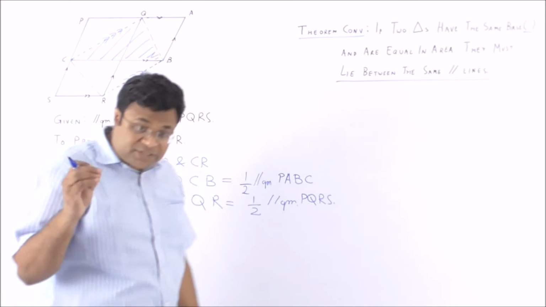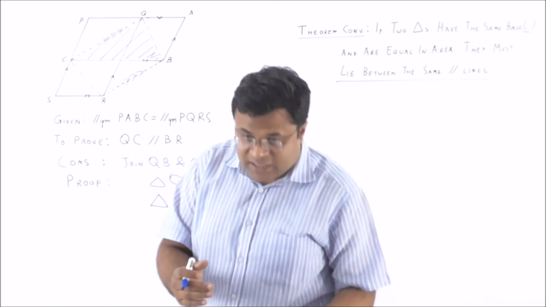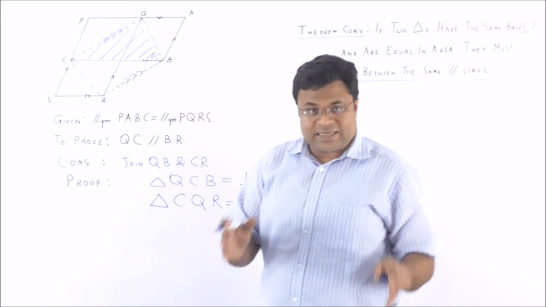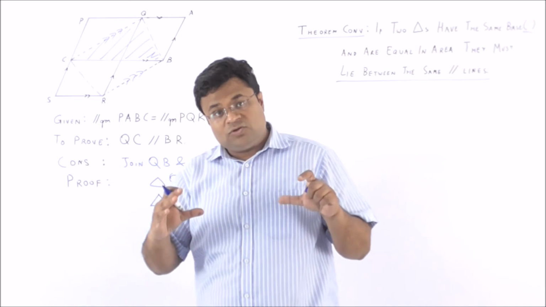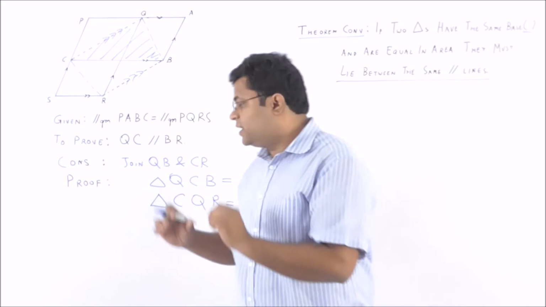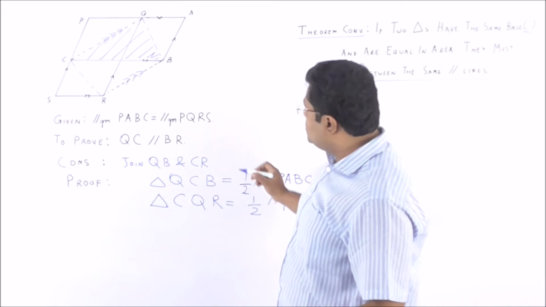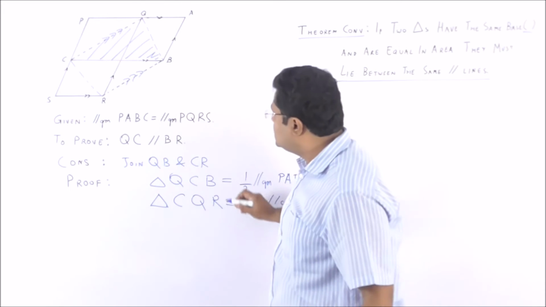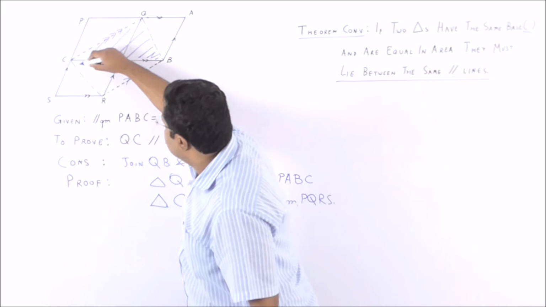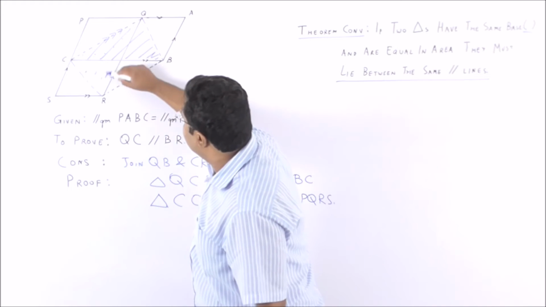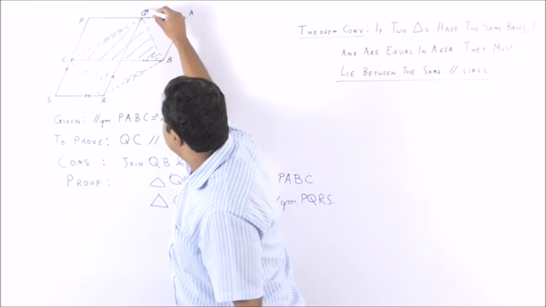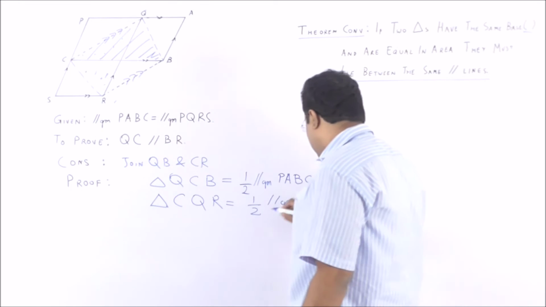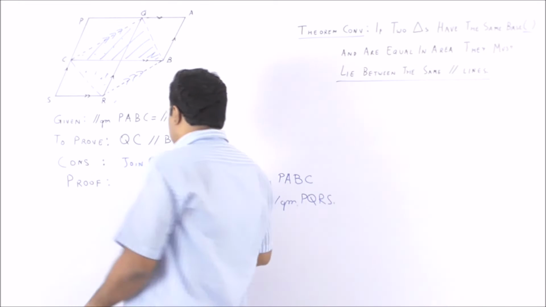Those who are getting the answer before I ask, you should not get restless, because I am asking this so that everyone gets those triangles right. So first triangle QCB, second triangle CQR. This dotted triangle CQR is half of parallelogram PQRS.